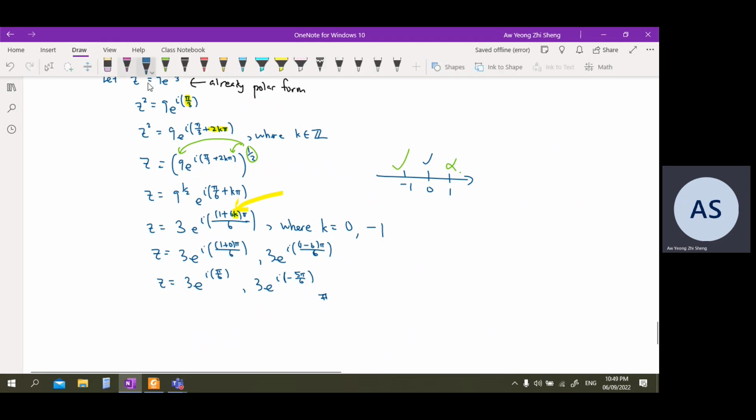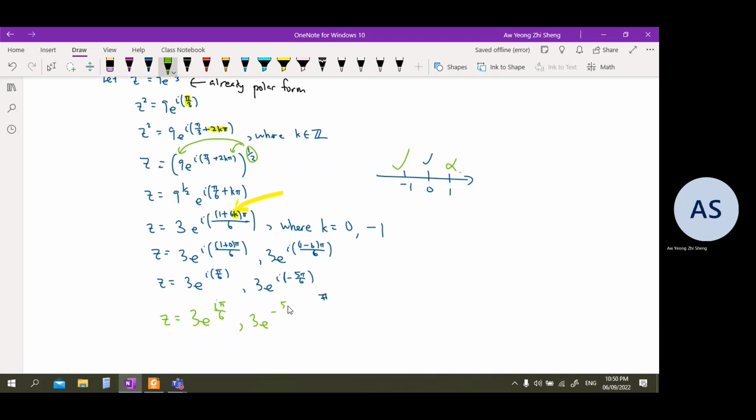And that's it. If you prefer, some people like to multiply i into the numerator of the power. Some people prefer to write things like 3e^(i pi over 6), 3e^(-5i pi over 6). And this is just another equivalent form.